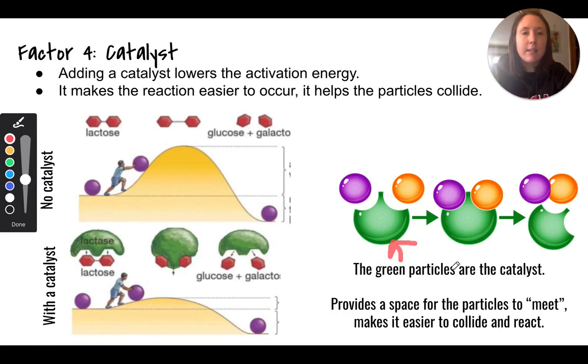The catalyst has space available. The orange particle comes in, the purple particle comes in, and now they are right next to each other, and it allows them to meet and find each other, and now they can pair up and move on as a product together.